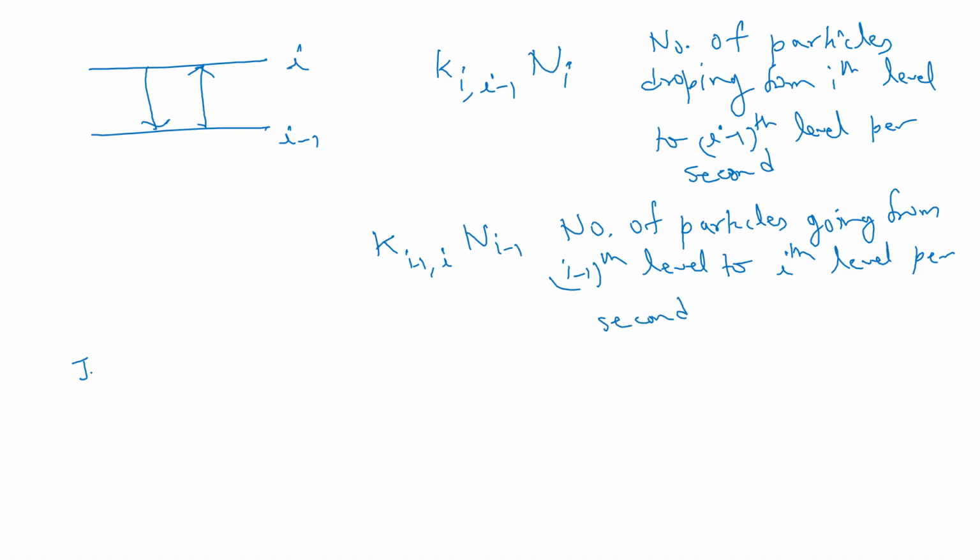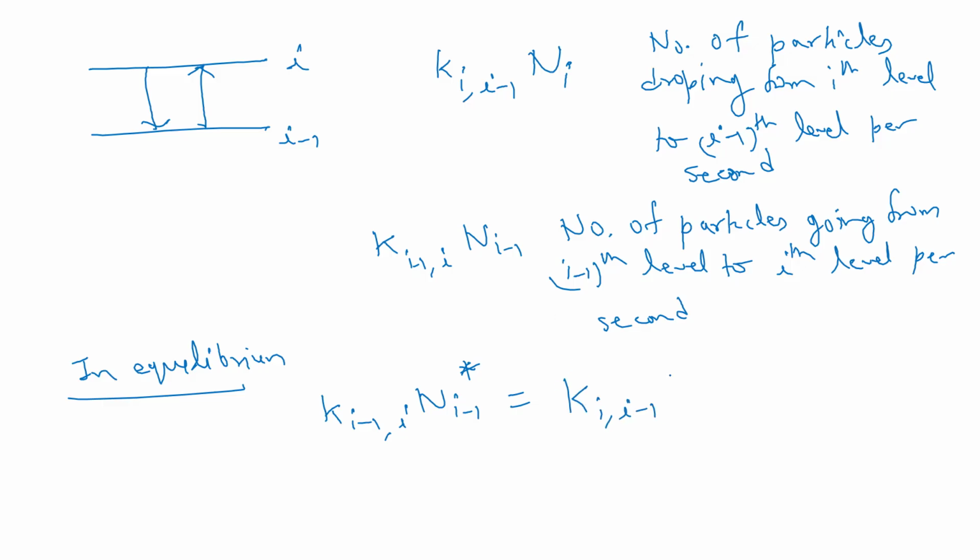So in equilibrium, both will be equal: k(i-1,i) n(i-1)* equals k(i,i-1) n(i)*.